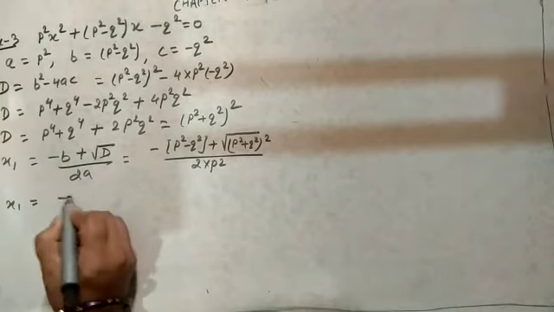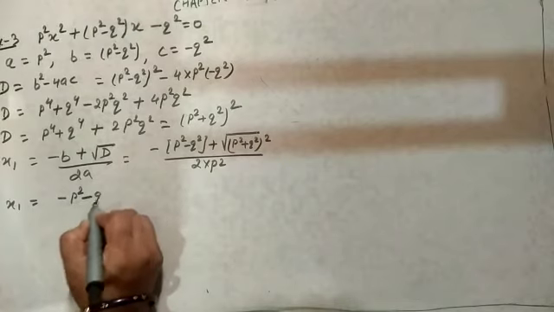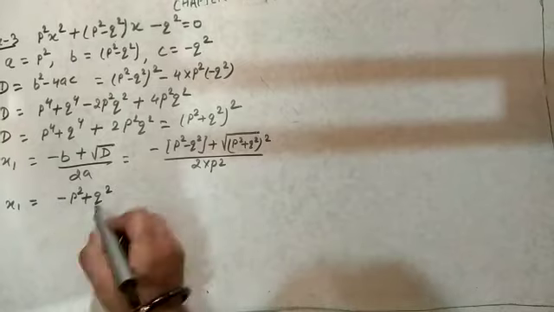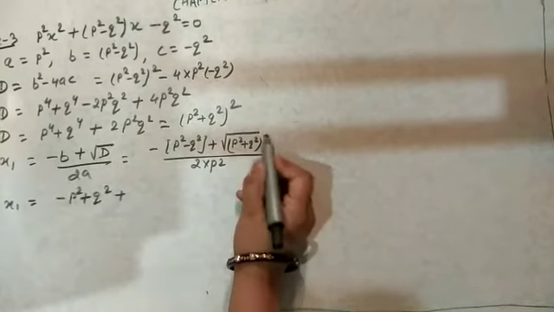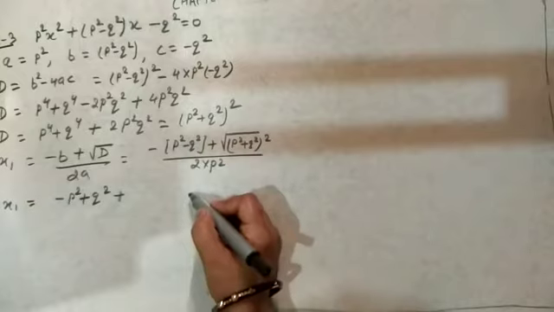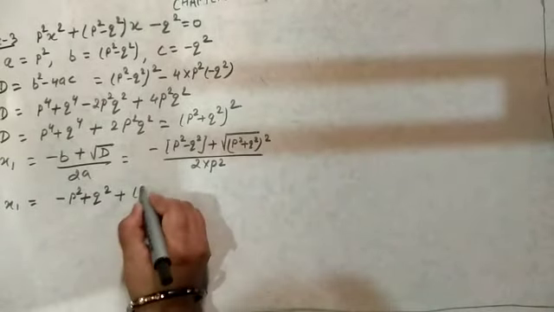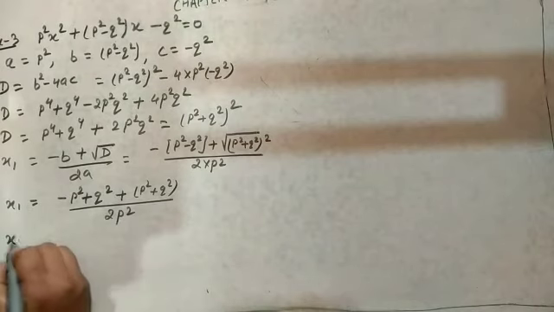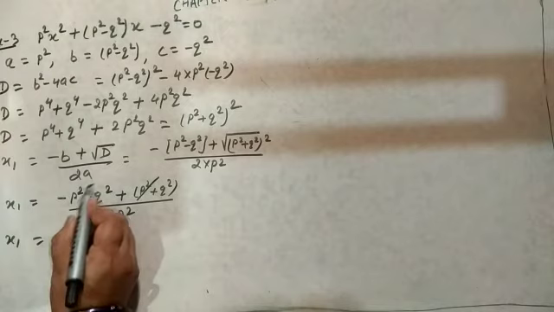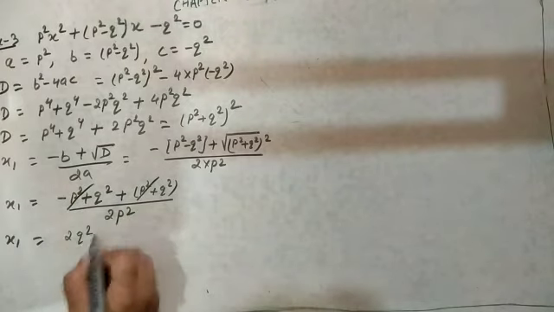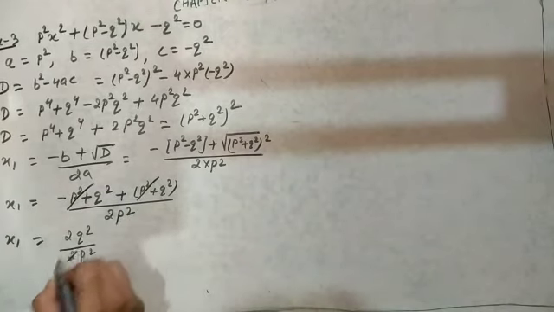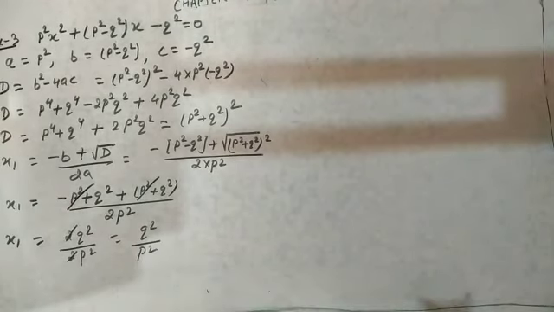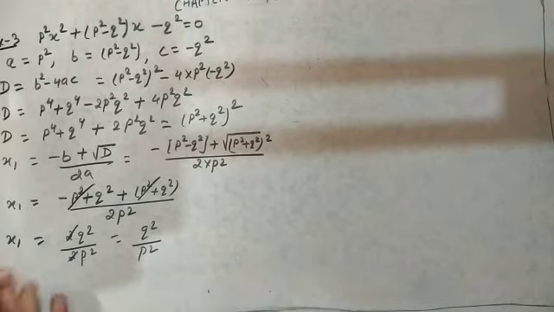So x1 = (−p² + q² + p² + q²) / 2p². Since it is in square, when it comes out of the square root it will come only as p² + q². So the p² gets cancelled out, 2q² by 2p². So we will get q²/p². This is the first value, x1.